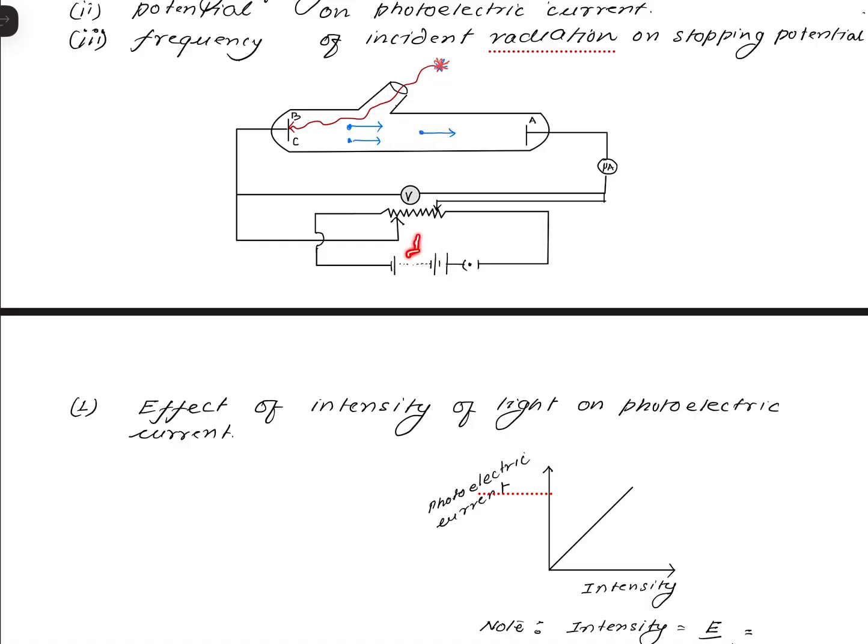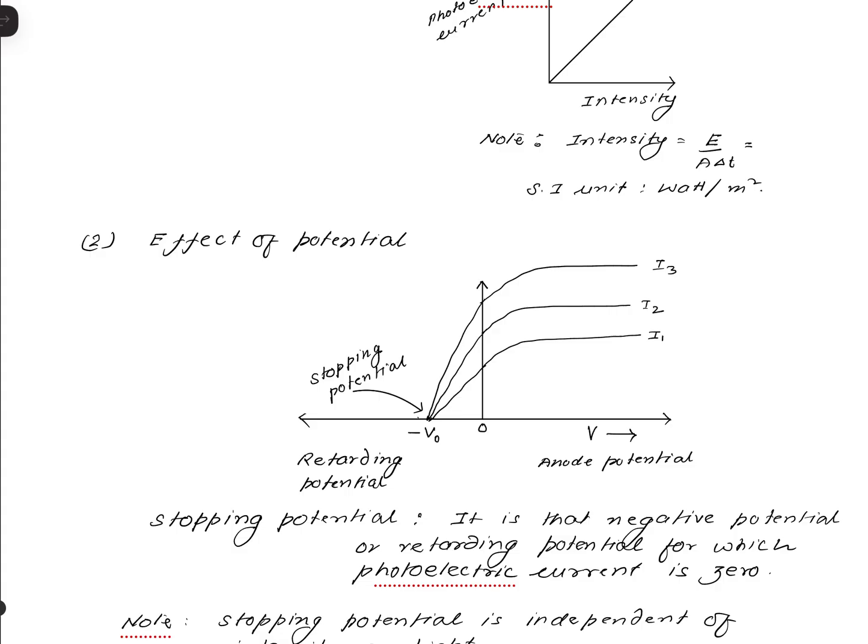So if I keep increasing the voltage, the electrons will keep moving with higher kinetic energy. So due to which current also increases. So here you can see in the graph, suppose I take positive potential, with the increase in potential, photoelectric current also increases. But as per the graph, we can see that it gets saturated.